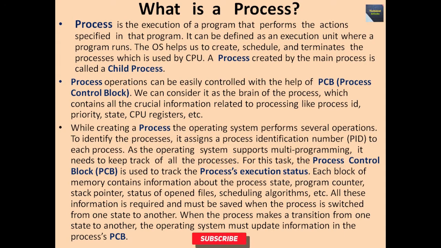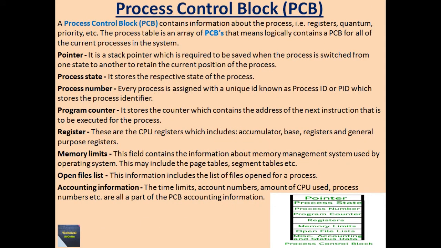Each block of memory contains information about the process state, program counter, stack pointer, status of opened files, scheduling algorithms, etc. All this information is required and must be saved when the process is switched from one state to another. When the process makes a transition from one state to another, the operating system must update information in the process's PCB, right? A process control block contains information about the process, that is register, quantum, priority, etc.